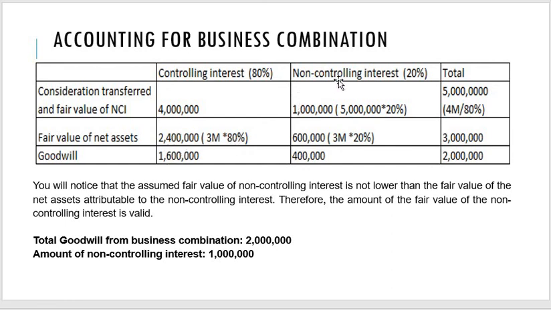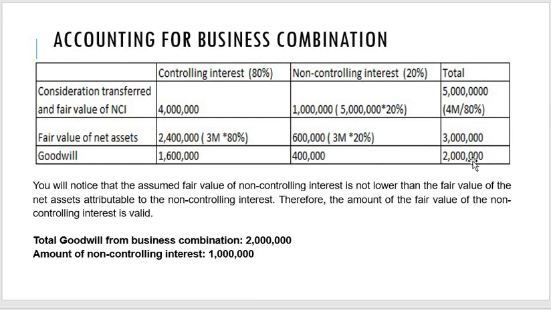And then the share of non-controlling interest in the goodwill is the 1 million NCI less 3 million times 20% share of NCI in the fair value of your net assets, which is 600,000. So we have 400,000. So the total goodwill from the business combination is 2 million.